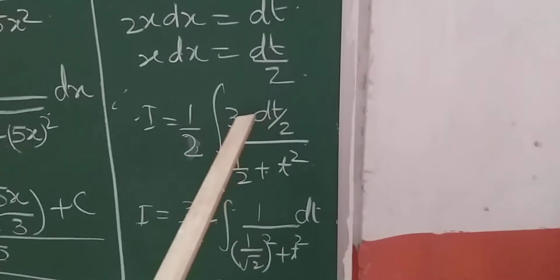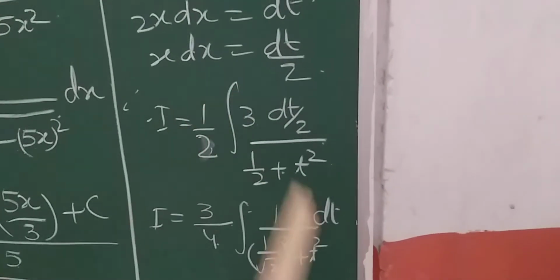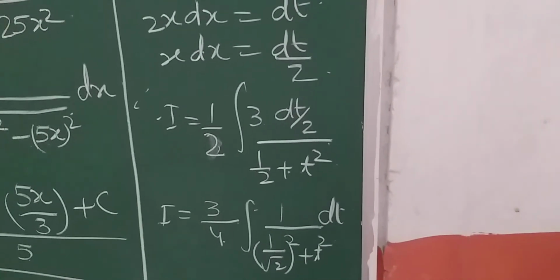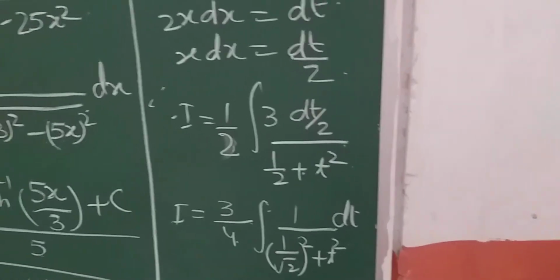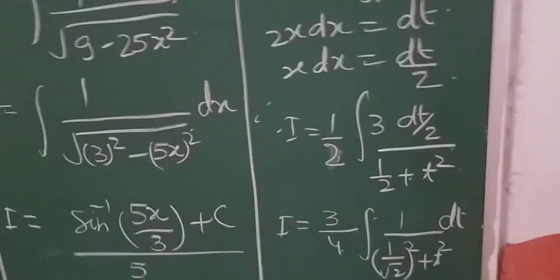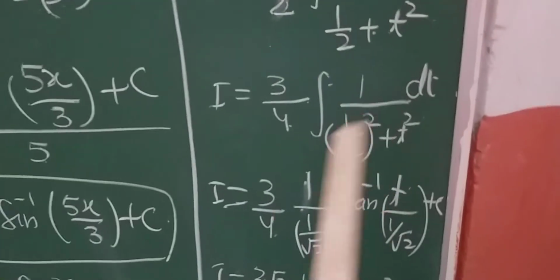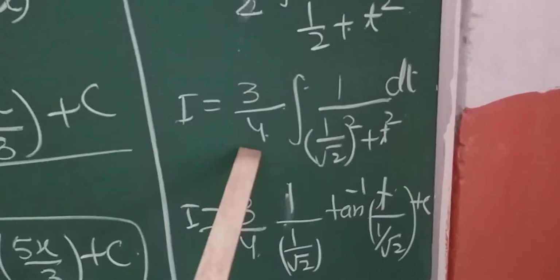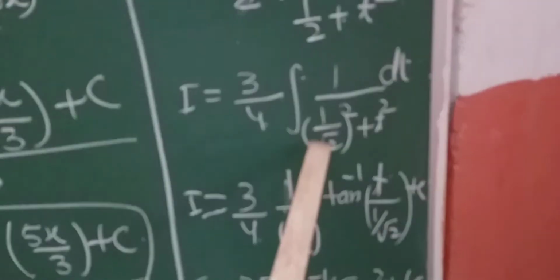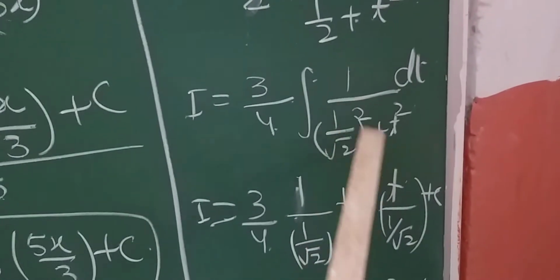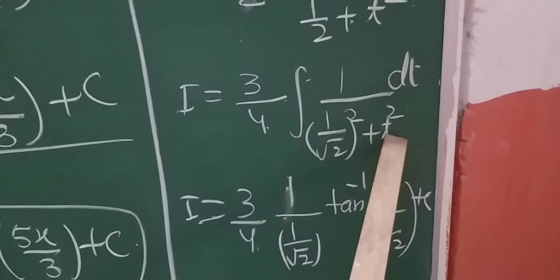So we can write 3 outside and 2 will go up. Correct? Now students, 3 upon 4, root 1 upon 2 can be written as 1 upon root 2 whole square plus t square.